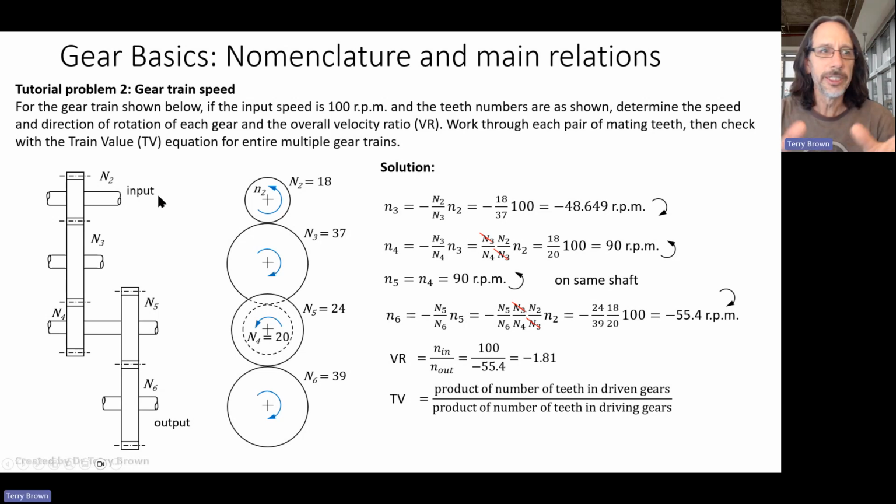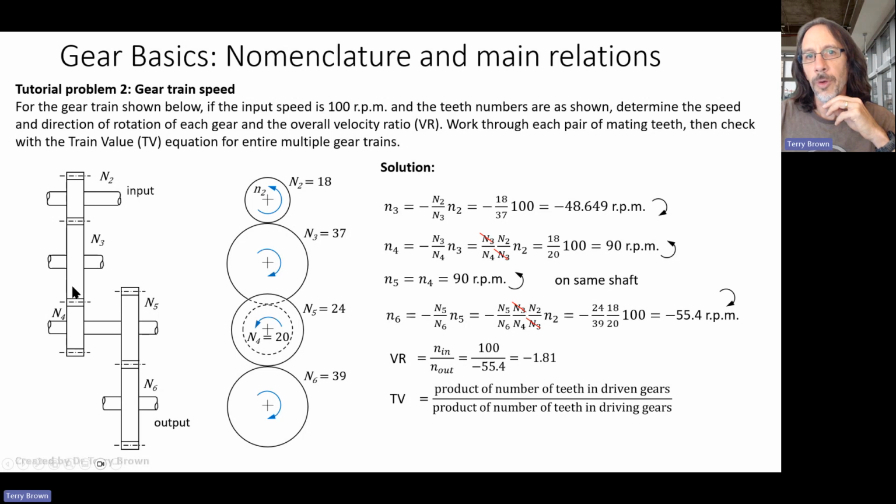Now we need to understand what driven and driving gears are. If we look at gear 2 here, where it mates with gear 3, gear 2 is driving gear 3. So we have driving gear teeth 18 and driven gear teeth 37.